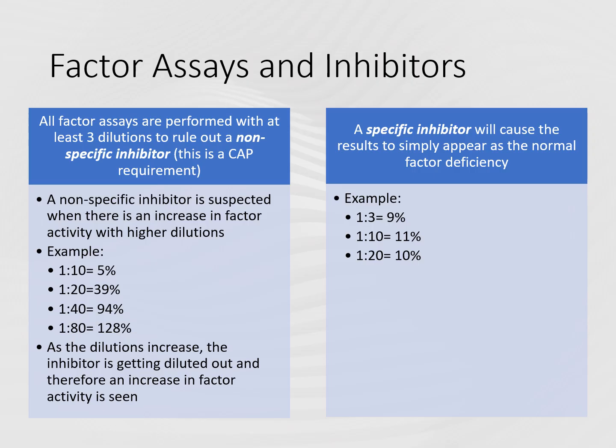Obviously, if this patient has had a history of, say, factor 8 deficiency or hemophilia A, and they've been receiving their recombinant concentrate and we're still seeing low activities, that may be another sign that they have an acquired specific factor 8 inhibitor. That would be induced due to the administration of recombinant therapy.